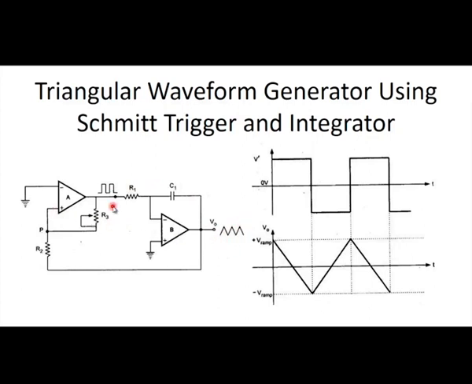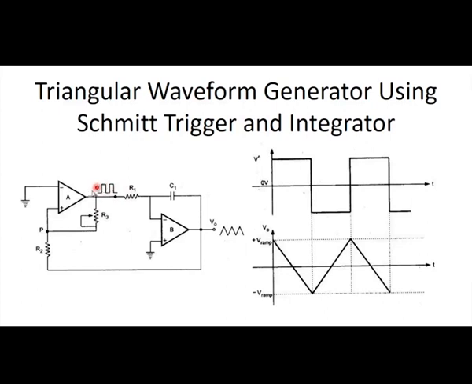This is the normal case, but here we are not going to give any input to the Schmitt trigger, which is grounded, and you can imagine that 0 volt is given to the negative terminal. Here, due to some noise voltage, we will initially get some voltage at the output of the Schmitt trigger.